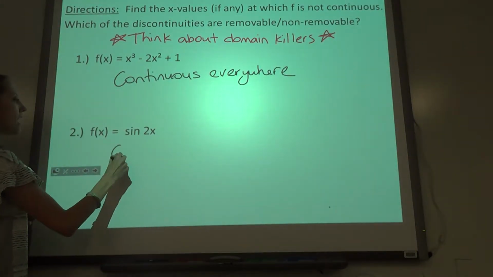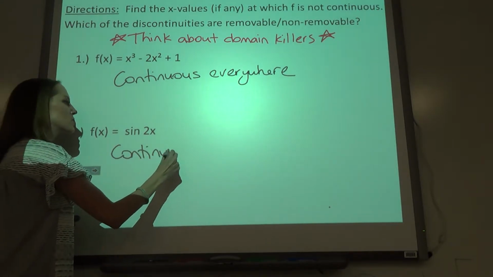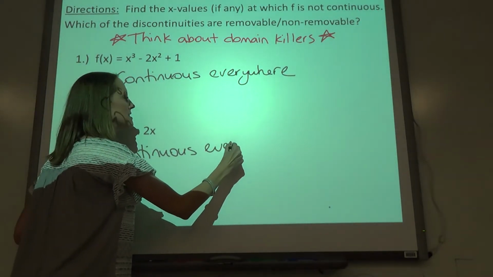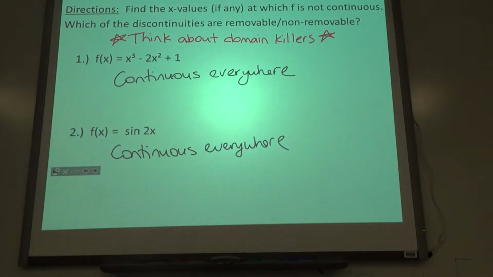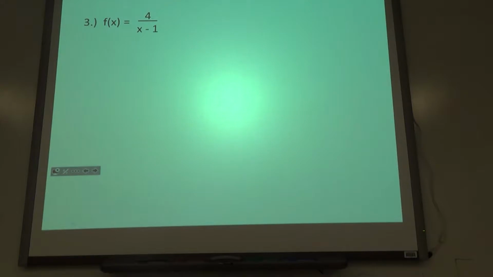So I would say, again, for this one, that it is continuous everywhere. Nothing to worry about with sine curves or cosine curves. Remember, that could change, though, if it was a different trig function. Okay, not a whole lot going on yet, so let's keep moving.